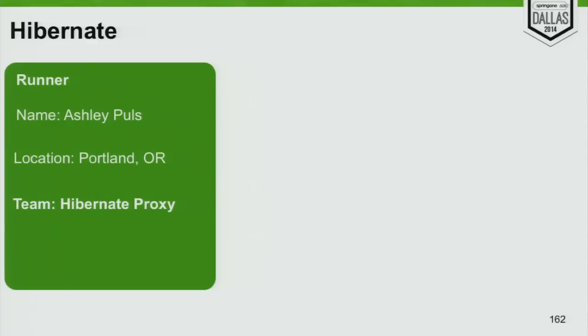So Hibernate's entity base, so we might pull a runner entity. We can pull me out, and you're going to get the name and the location. And if you're lazy loading, you're not actually going to get the team object. You're going to get a Hibernate proxy.